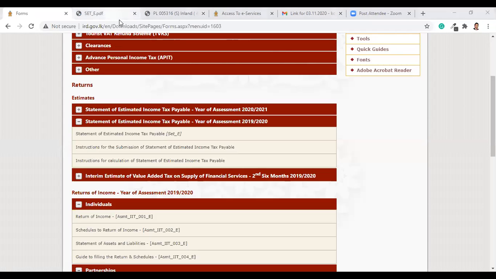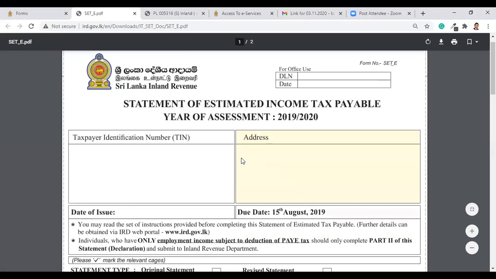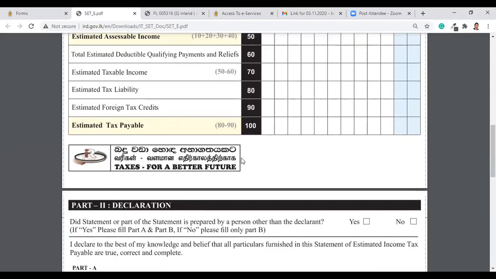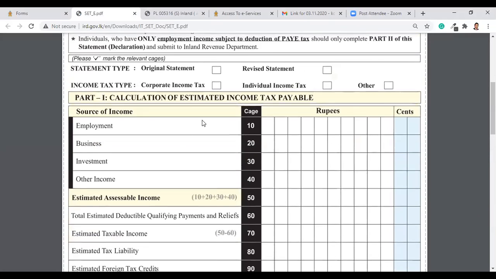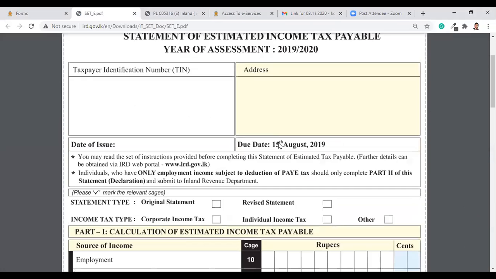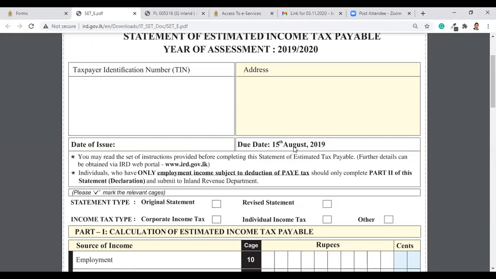So this is the SET form, estimated income tax. It is not a big one, a two-page return. You just need to declare. This is the date as we discussed. August 15 is the due date for your year of assessment 1920. This was the due date.